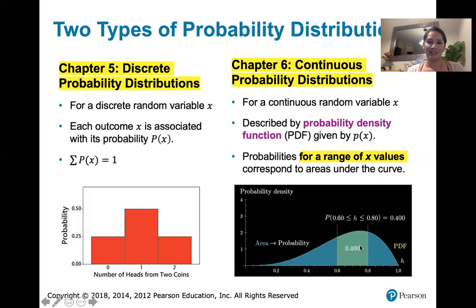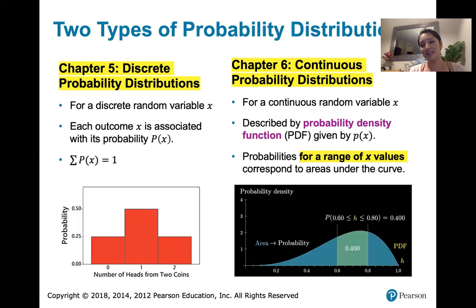So if somebody asked me, well, what's the probability that h is 0.5? And we're talking about a continuous random variable h. Well, the area under the curve in that case would be 0 because there is no width. It would just be a line segment, just straight up and down. In order to get an actual probability, we'd need some area.